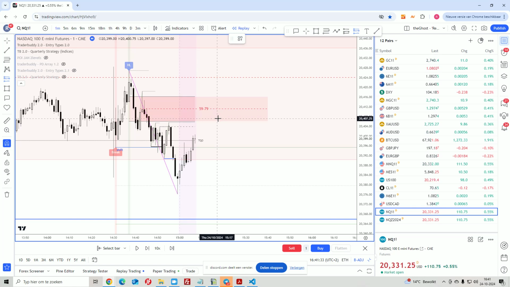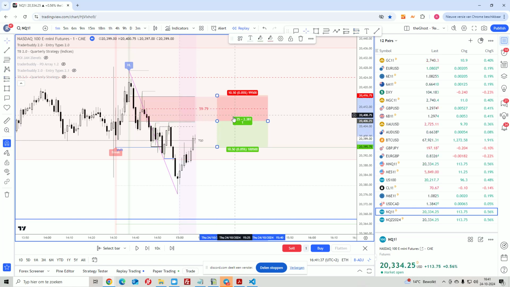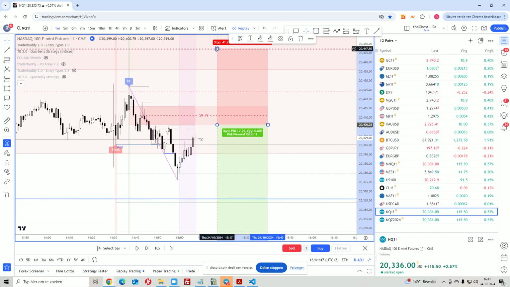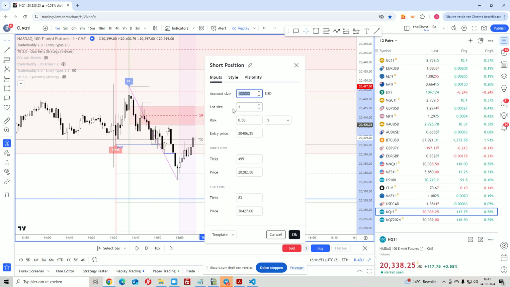If you take a short position, you want to know your lot size. Use these settings. I'll have to make sure I have the correct one. NQ sell, okay. Over here, that's our entry. Make sure you have these settings. Lot size is 1. Your account size, whatever your account size is.